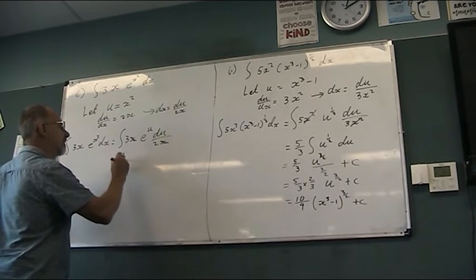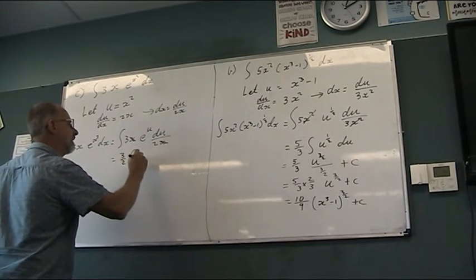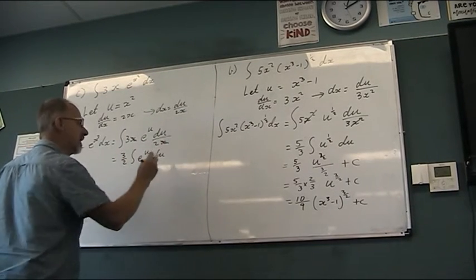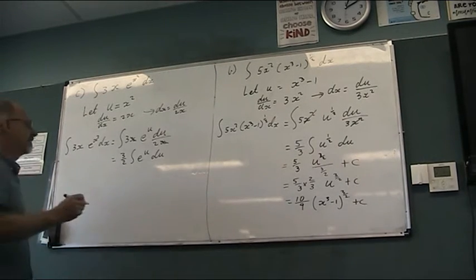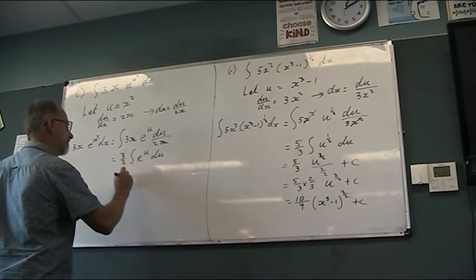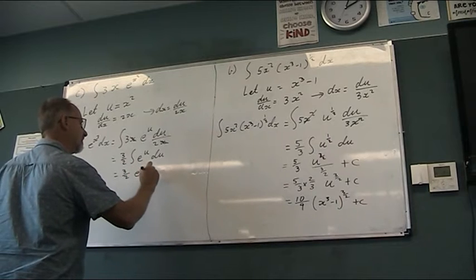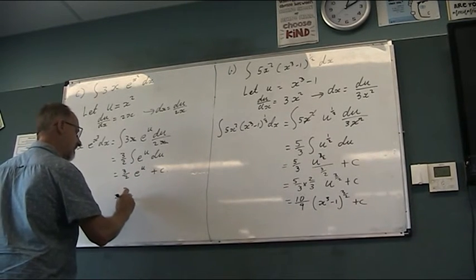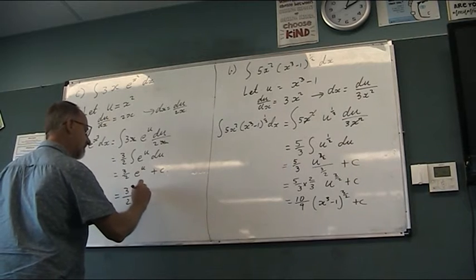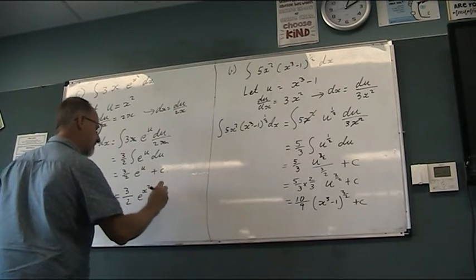So we then have 3 over 2, e to the u, du. Antiderivative of e to the u is e to the u. So we've got 3 over 2, e to the u plus some constant. Substitute back our x squared. So 3 over 2, e to the x squared plus some constant.